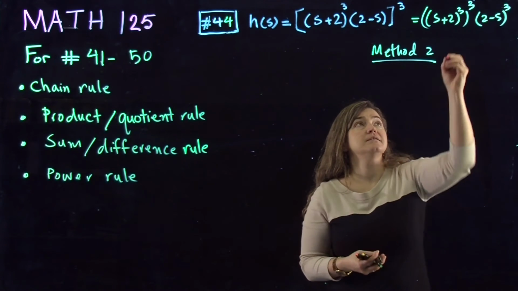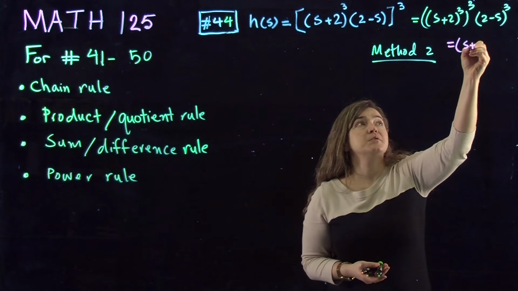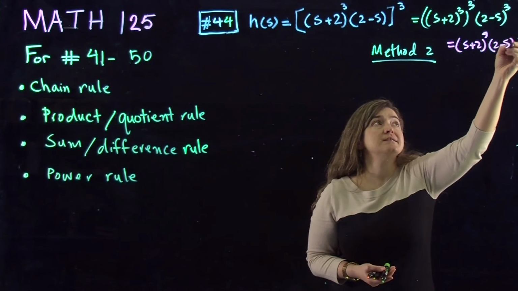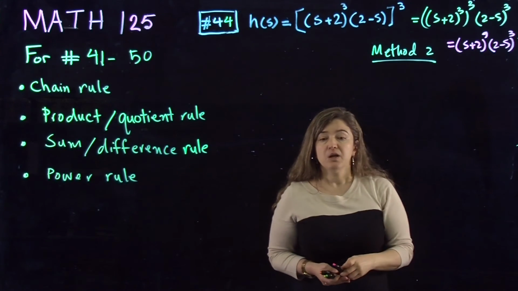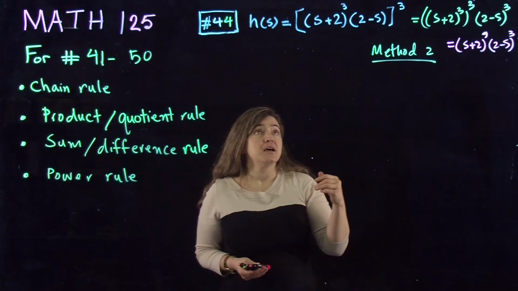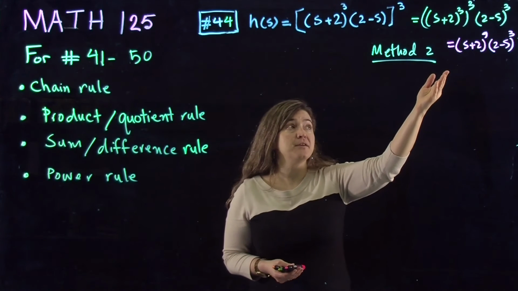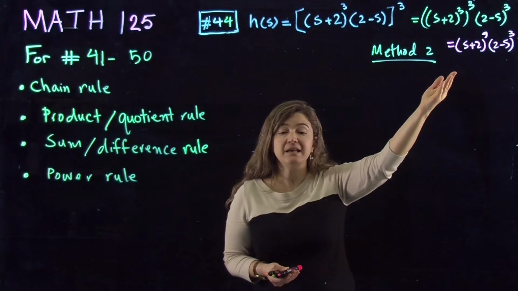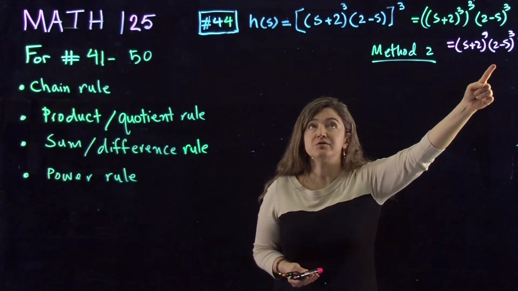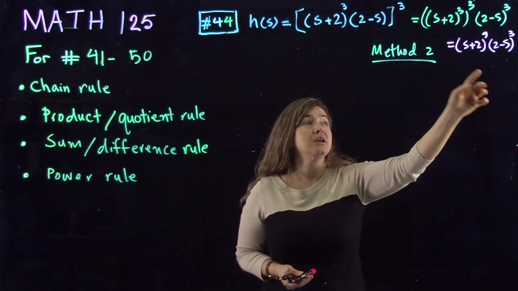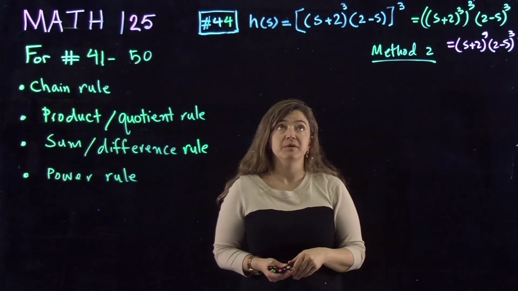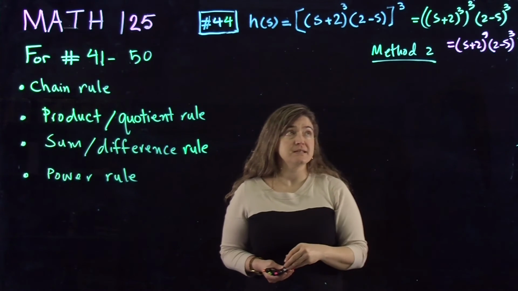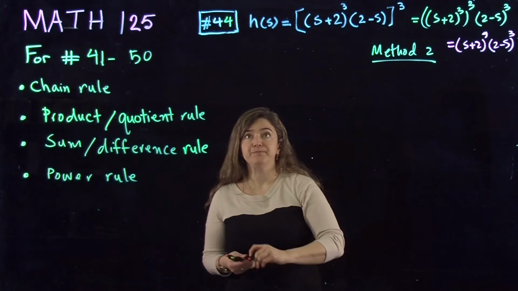And so I get s plus 2 to power 9 times 2 minus s to power 3. So the second method is, if we rewrite the entire expression in form of a product rather than a product to a power, it makes it a little easier to simplify and take the derivative of. So this is the second method that we use.